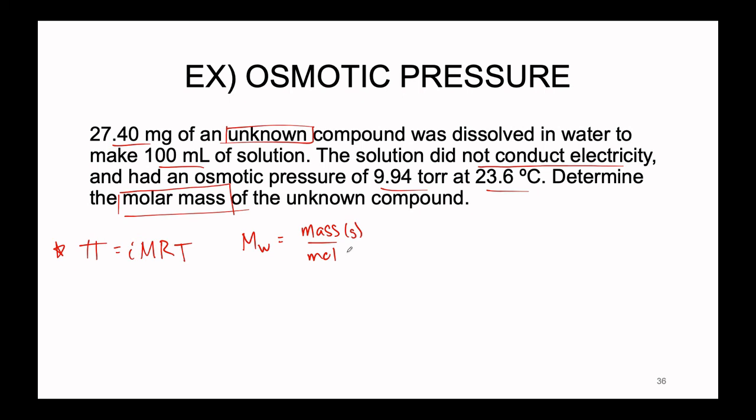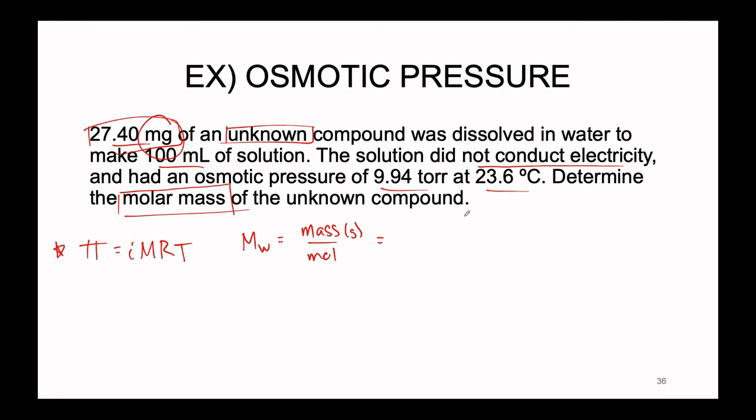So if we're looking for a molar mass, we need to be able to insert a mass into this ratio, and we need to be able to insert a number in moles. As it turns out, in the wording of the problem, we are told what the mass of this unknown compound is. This is awesome. We already have half of this equation. All we need to do is take this amount in milligrams and convert it into grams.